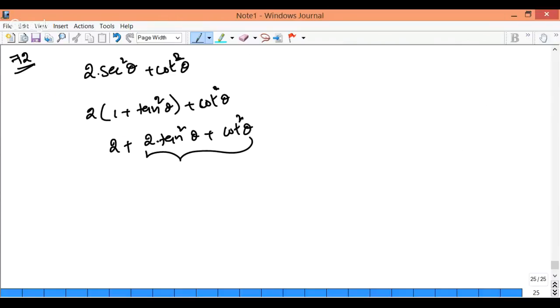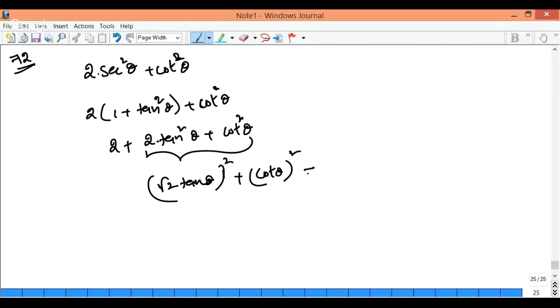Now, we have to make this a perfect square. How can you make this a perfect square? We can write it as (root 2 tan theta) whole square plus cot theta.